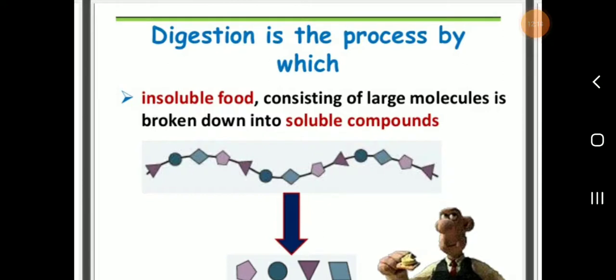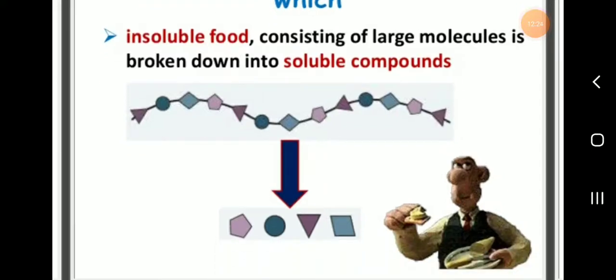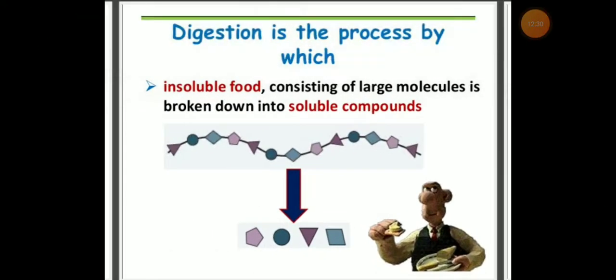Insoluble food consisting of large molecules is broken down into soluble compounds. That is digestion. Large complex molecules are converted into simple compounds.